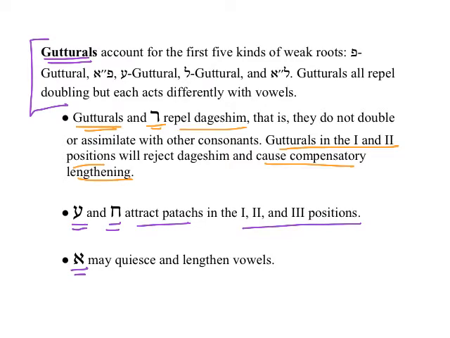One is that it often prefers segol, but the other, one that causes a little bit more challenge, is that they can quiesce, that is, they lose their consonantal character, and thus this causes a compensatory lengthening of the vowel near them. All of these are normal things that we work on when we work on pronunciation of reading Hebrew out loud, but these things also take effect in much the same way when guttural letters appear in verbs.